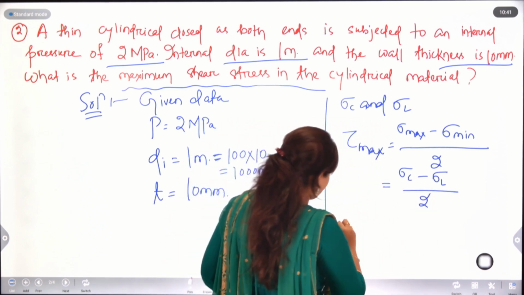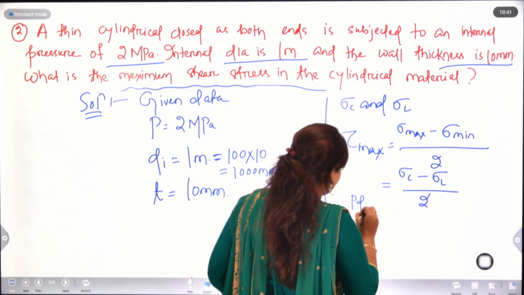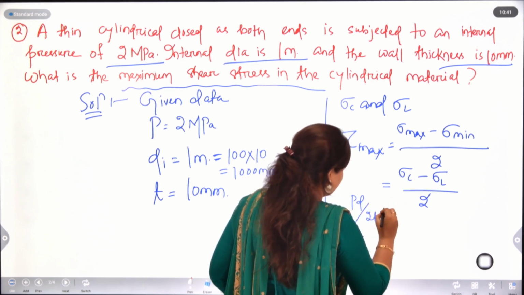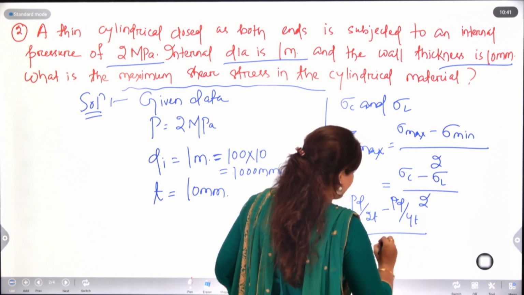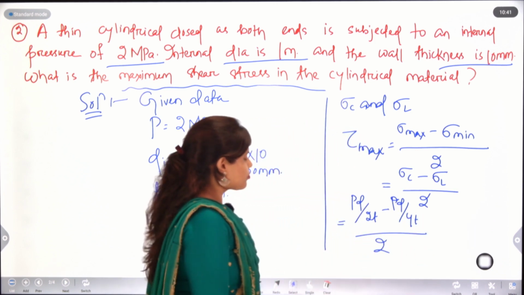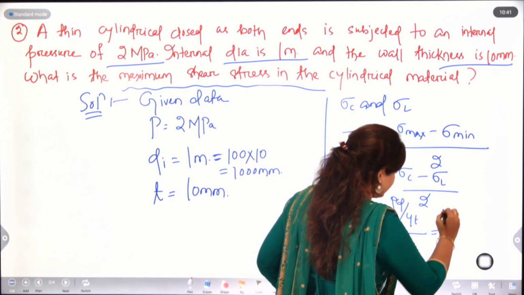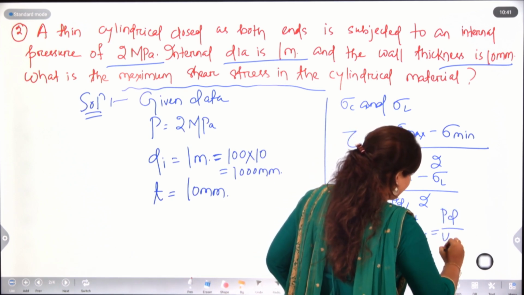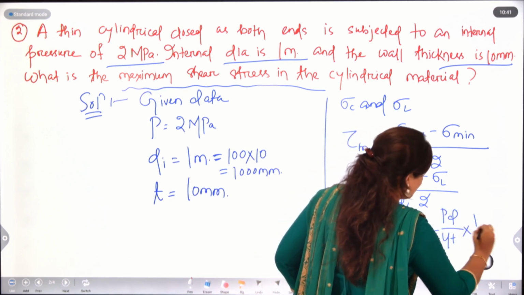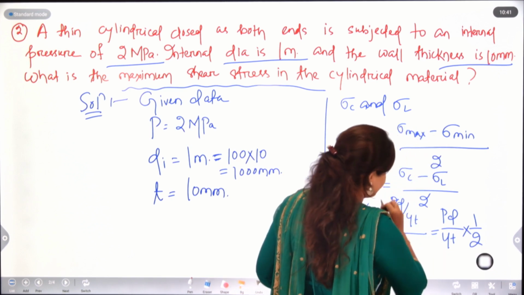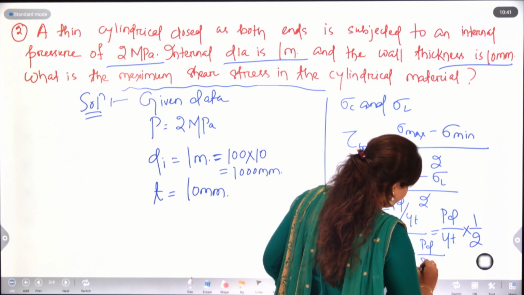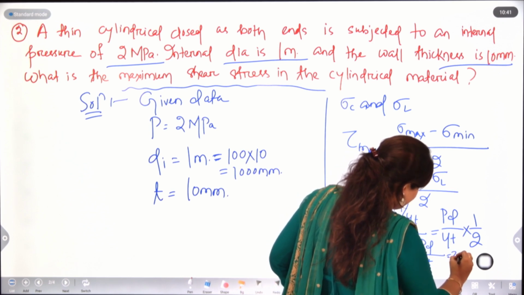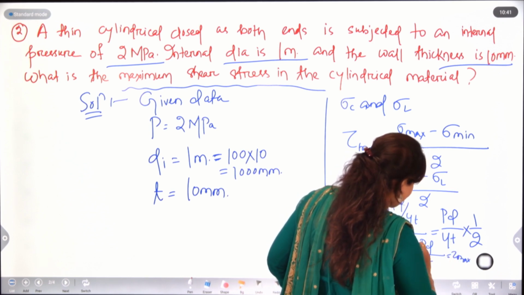By writing the formula, we can solve it like PD upon 2t minus PD upon 4t, by 2. So, we got PD by 4t into 1 by 2. So, for tau max, we have the formula PD upon 8t, right?